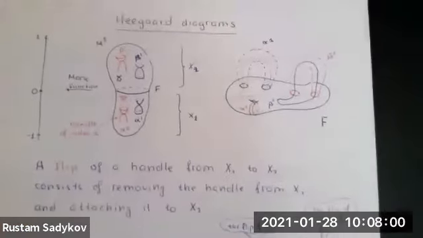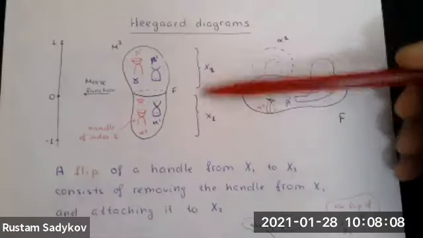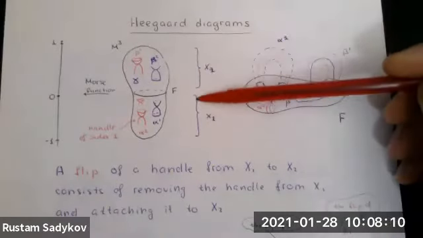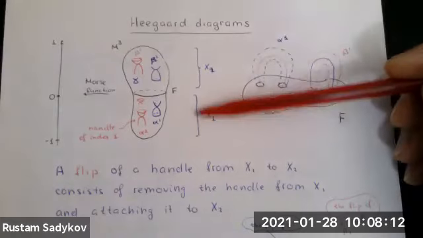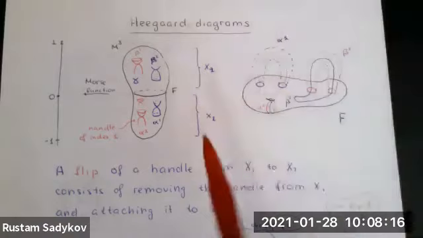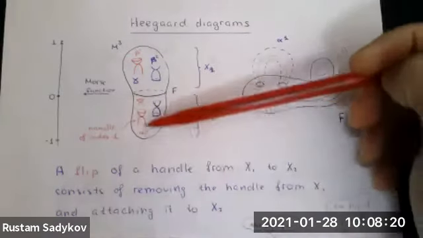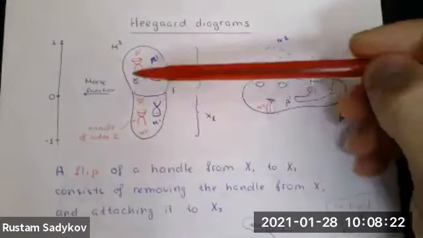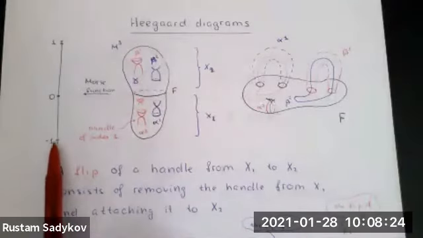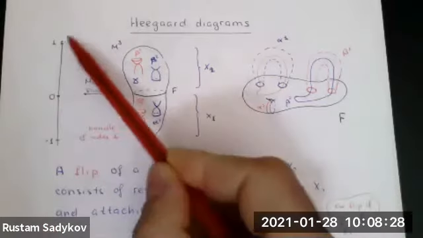Suppose that we have a manifold M, and suppose that we have a splitting of M into two compact submanifolds. Maybe we have a homology splitting into two submanifolds. Then we can have a Morse function such that X1 is mapped from -1 to 0, and X2 is mapped from 0 to 1, right?